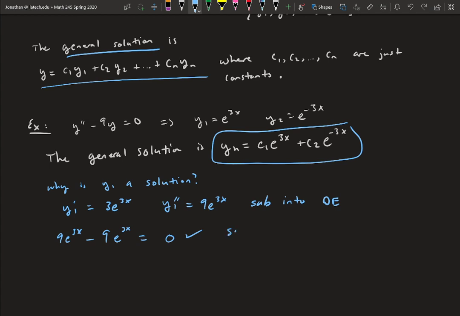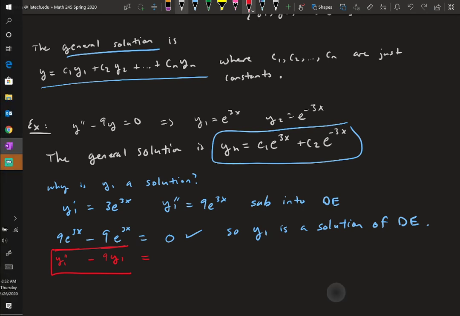Check. So y1 is a solution of the differential equation. That was y1 double prime minus 9y1, so that's basically what we did.